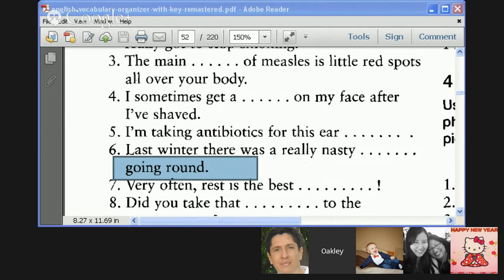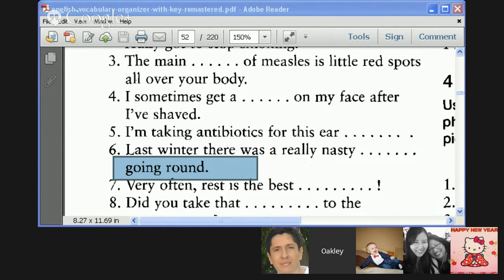That means there's a disease that many people have been catching, a disease or cold or flu. So you may hear, yeah, there's something going around, so take care of yourself, or, oh, my kid's got the sniffles. There's been something going around. Heidi, do you know what the sniffles are?